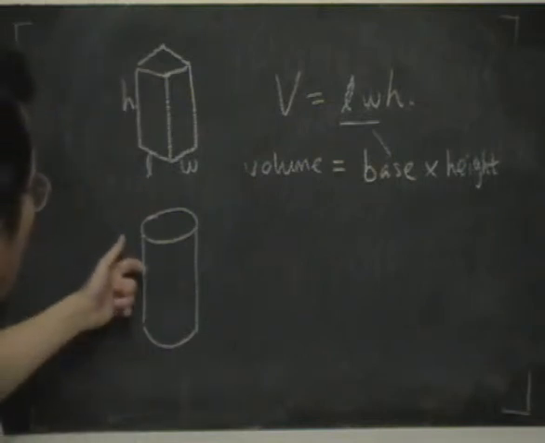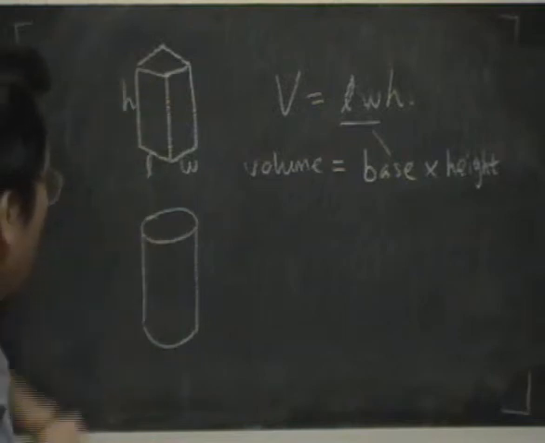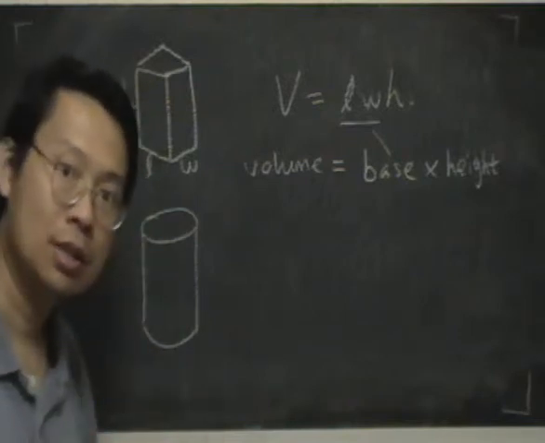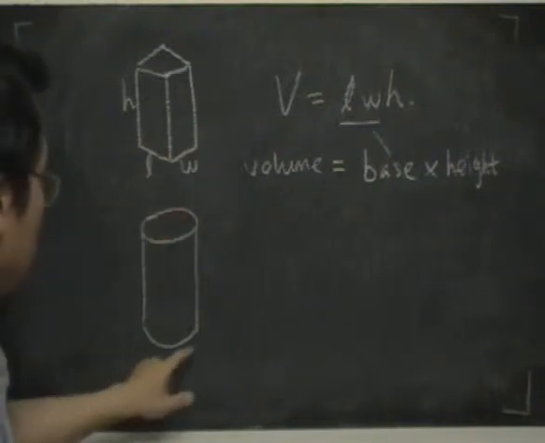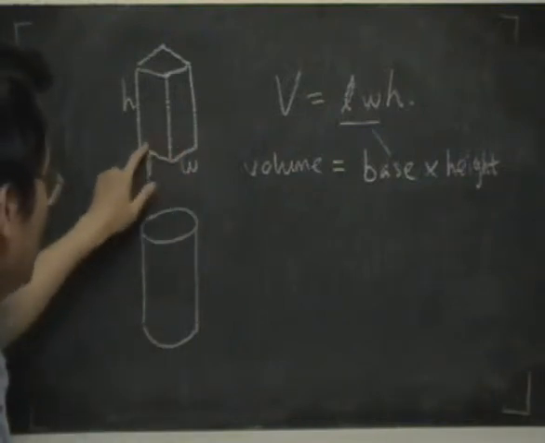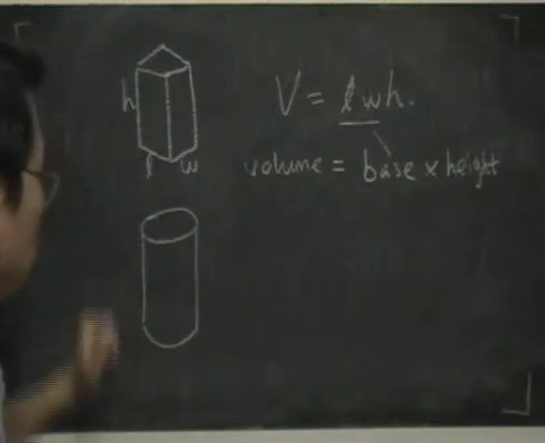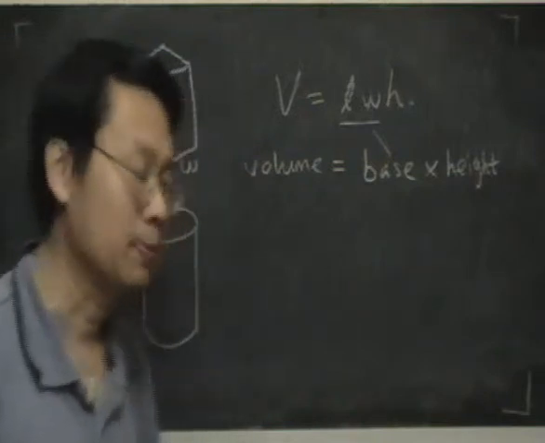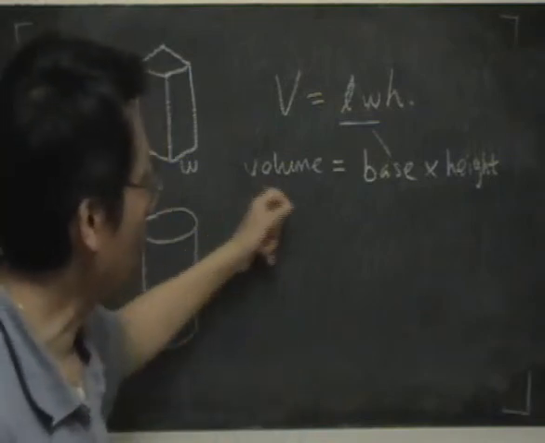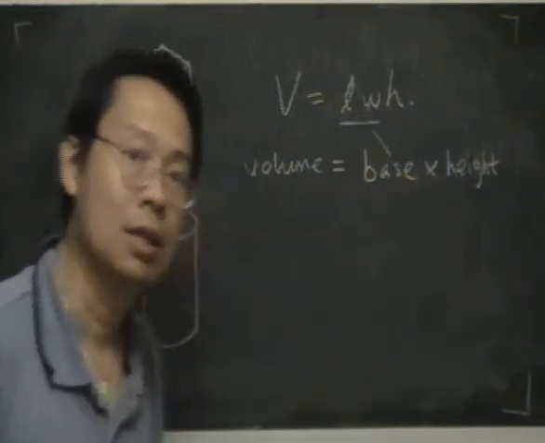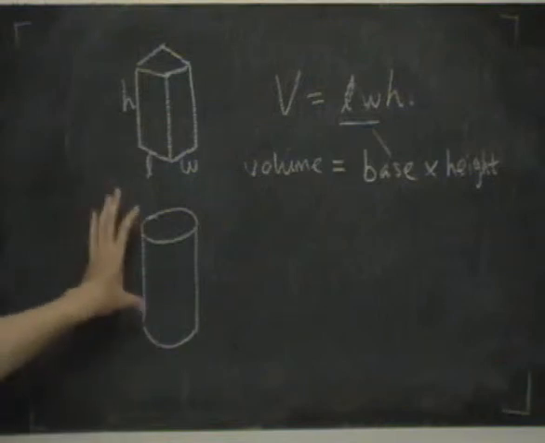Now, if you look at this and this, you can imagine that the difference is the shape of the base. So instead of a rectangular base here, you have a circular base. And in fact, you can use this formula, volume equals base times height, to find the volume of a cylinder.